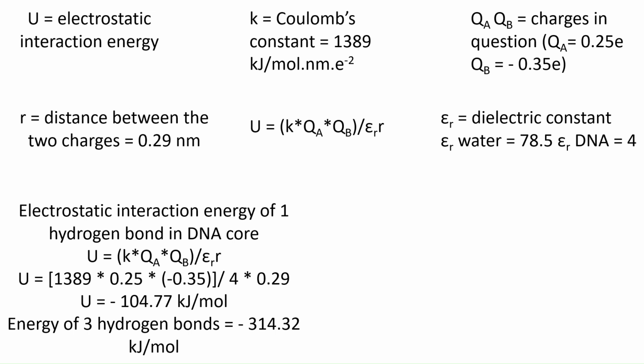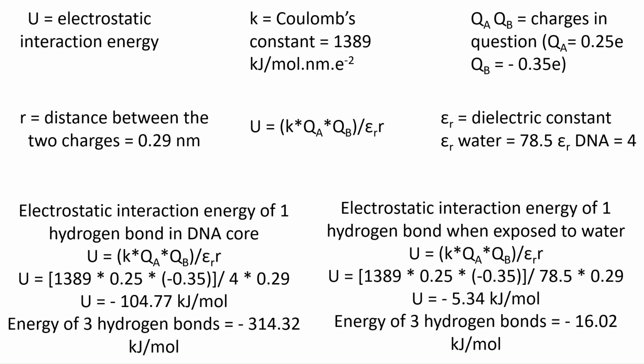So the only thing changing will be the dielectric constant, which will be 78.5 instead of 4. And the calculation will go like this. Now, in case of water, the energy for a single hydrogen bond will be minus 5.34 kilojoules per mole, and the energy for three hydrogen bonds will be minus 16.02 kilojoules per mole.